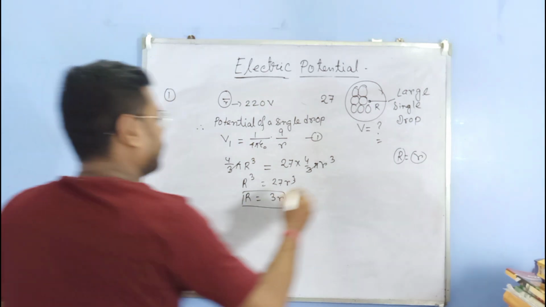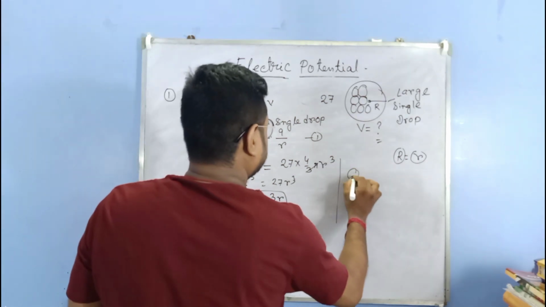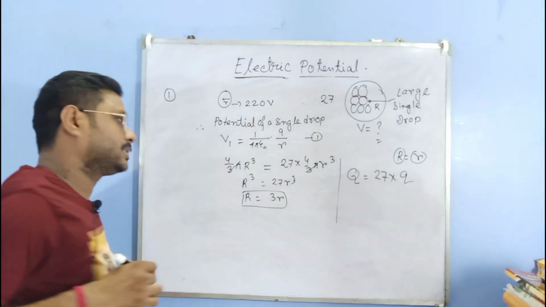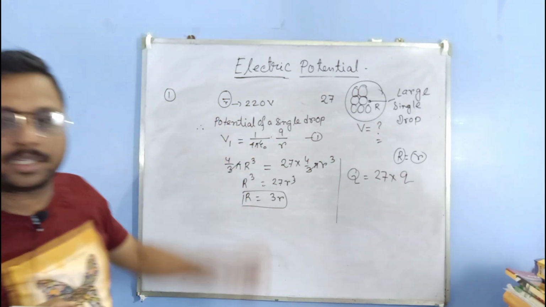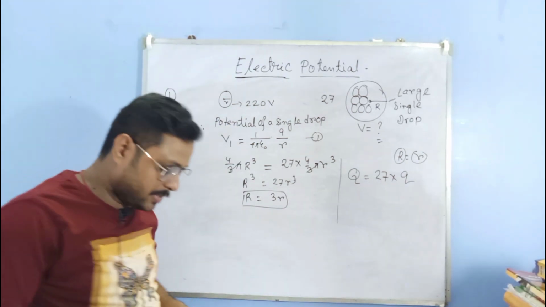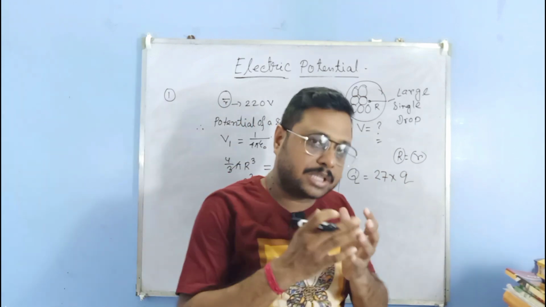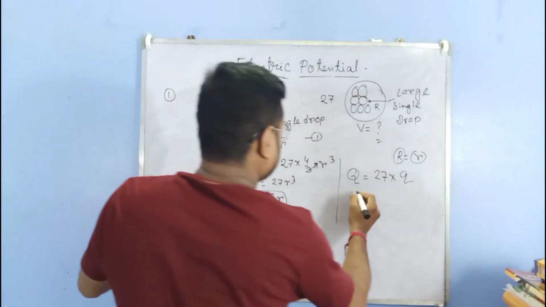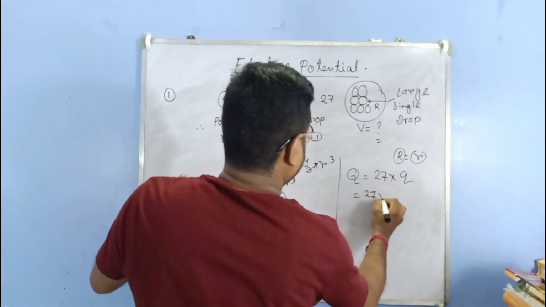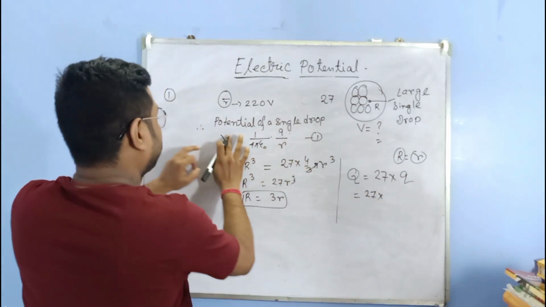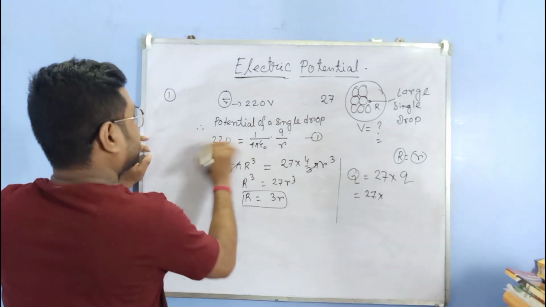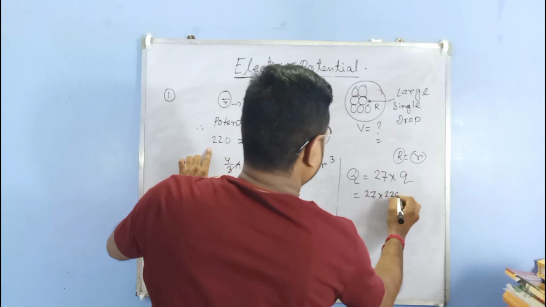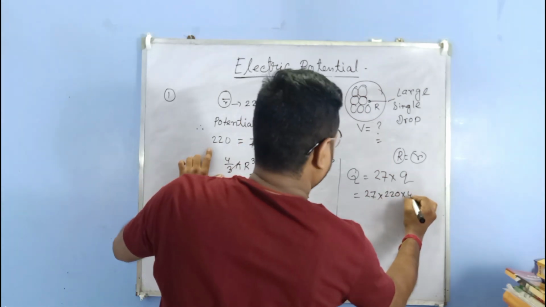And the charge of the large drop, say capital Q, is 27 into small q, because small q is the charge of a single raindrop. 27 raindrops collapse, so the total charge is 27 q. Put the value of q from V1, which is 220 volt: q equals 220 multiplied by 4 pi epsilon naught r.